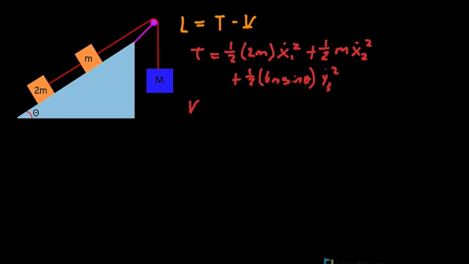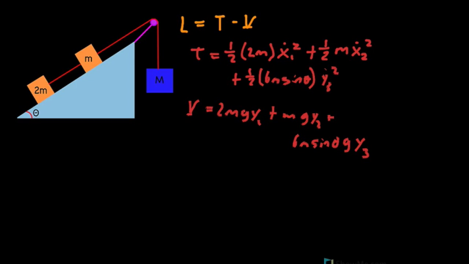Meanwhile, our potential energy V for the first object is the mass 2m times g times y1, plus for the second object, its mass m times g times y2, and plus for the third object, its mass 6m sine theta times g times y3.